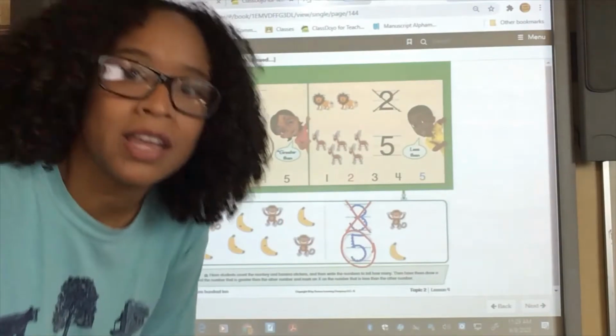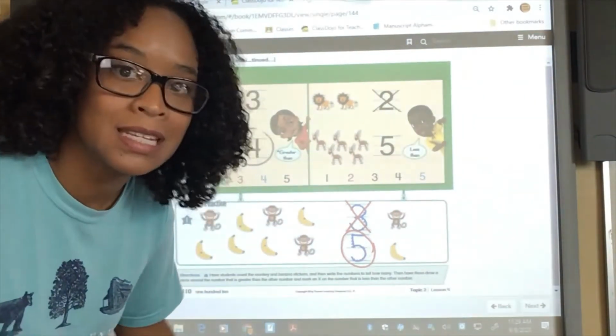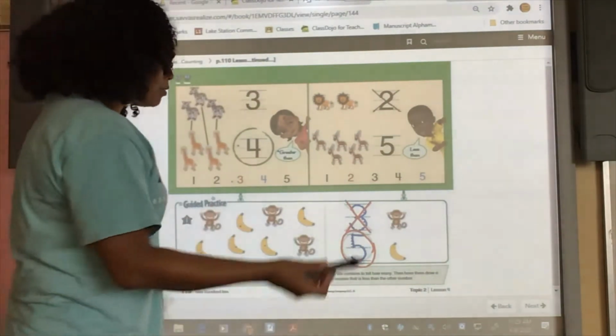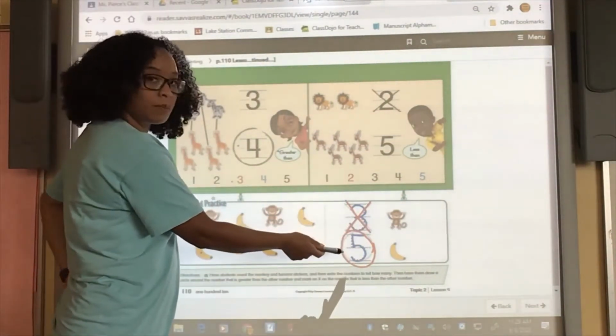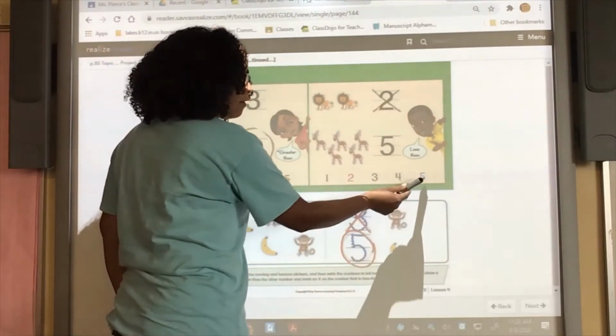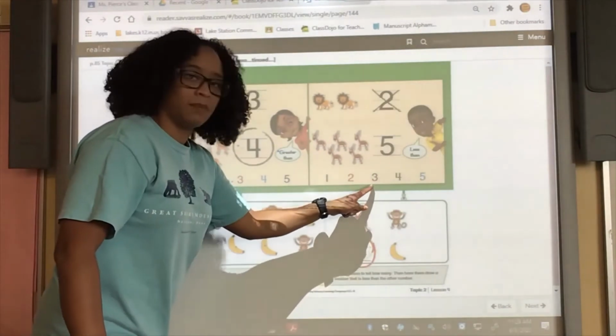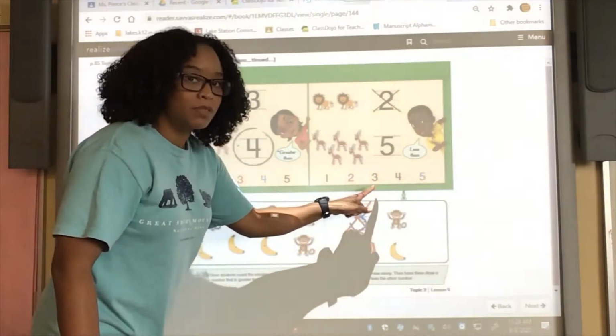She was also talking about which number comes before. Before means in front of. So when we're counting to number 5, we have 1, 2, 3, 4, 5. Here is the number 5, and here is the number 3. We count the number 3 first.